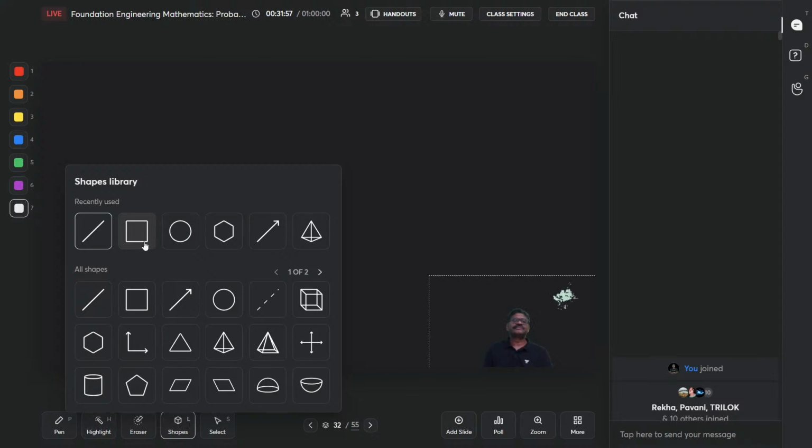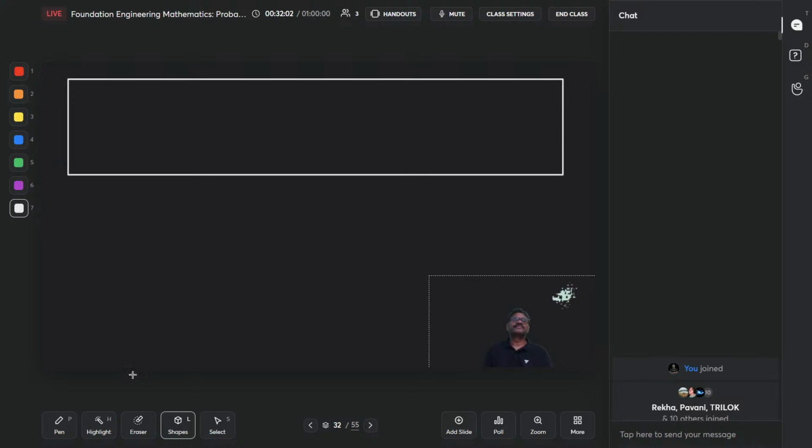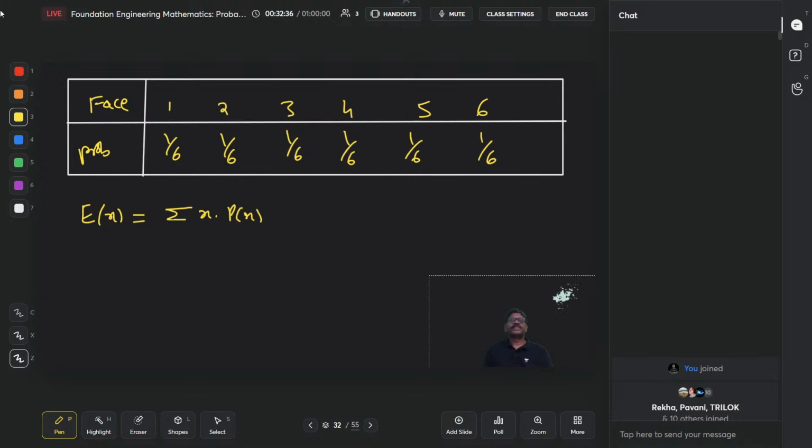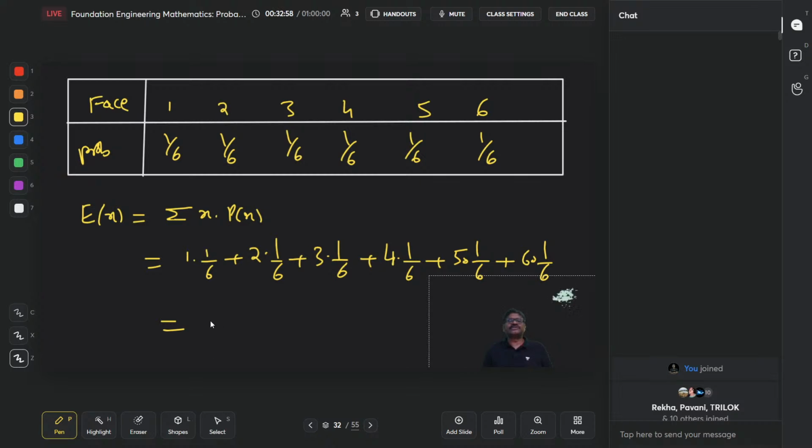Now, expectation of X is sigma x into p of x: 1 into 1 by 6, 2 into 1 by 6, 3 into 1 by 6, 4 into 1 by 6, 5 into 1 by 6 plus 6 into 1 by 6.